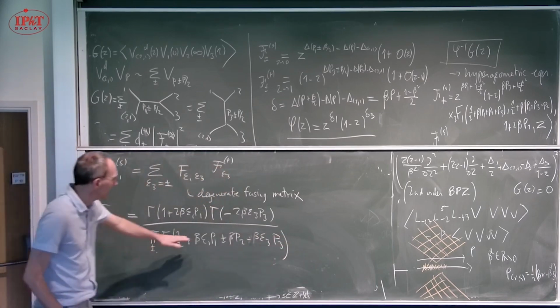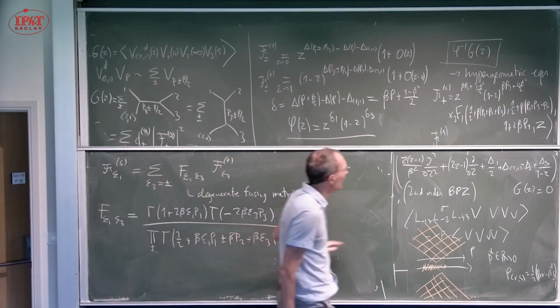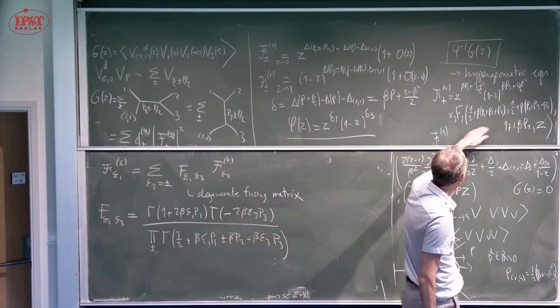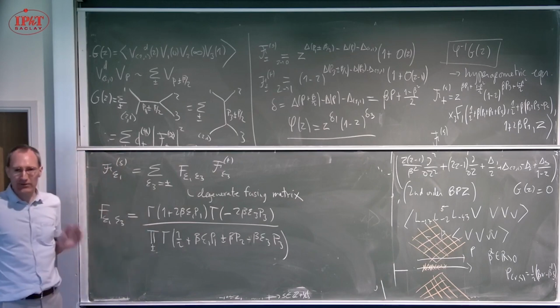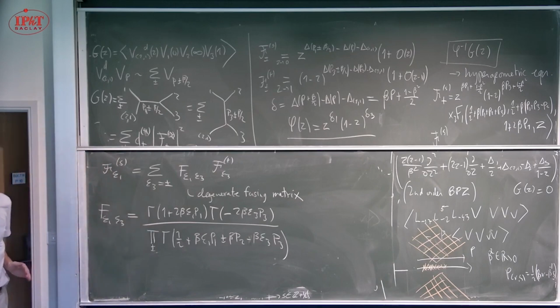So the arguments here, in these combinations, you recognize basically the combinations which appear in the hypergeometric function, and Gamma is Euler's gamma function, which is also very well known. Okay. So I think this is all we need to know about this BPZ equation and their solutions. So now we use that to do CFT.